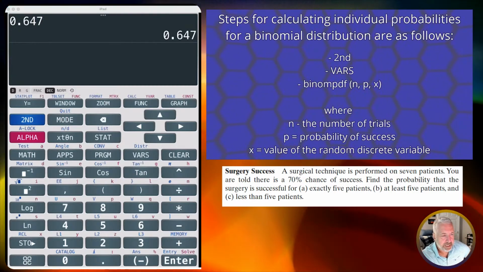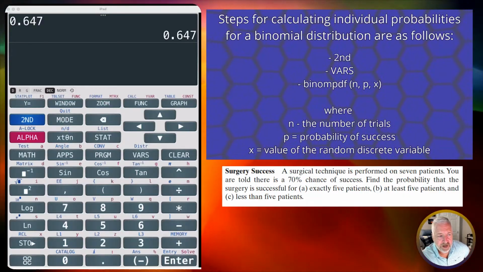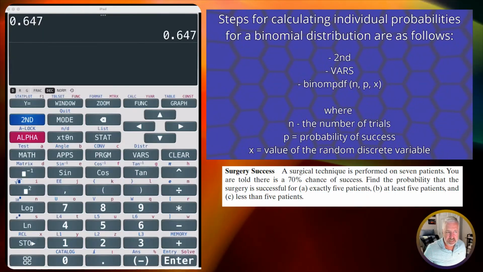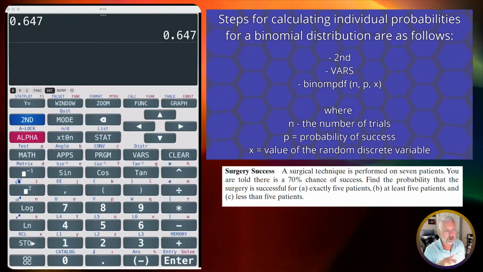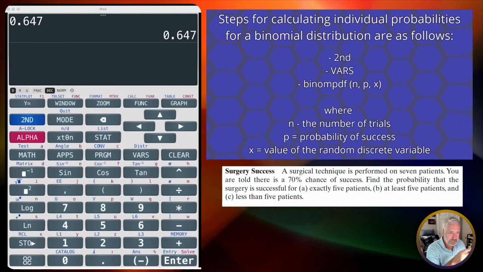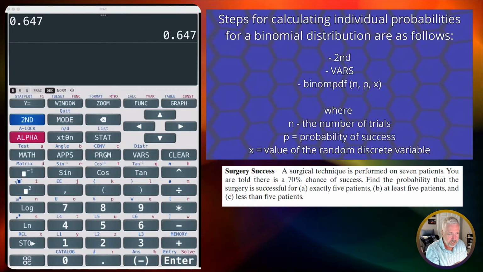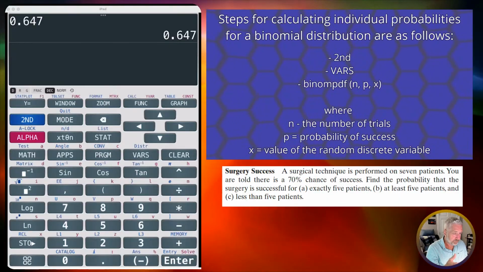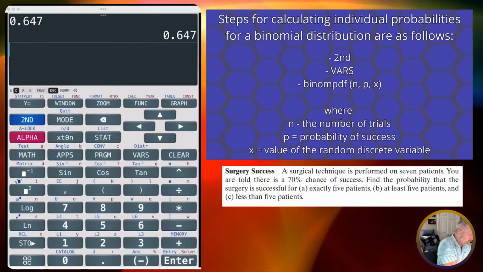So for section B, at least 5 patients, you got 5, 6, and 7, with 7 being the top of that chart. So 0.647 is the probability of at least 5 patients. Now let me go back to what we just did.